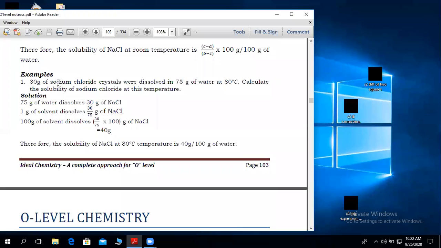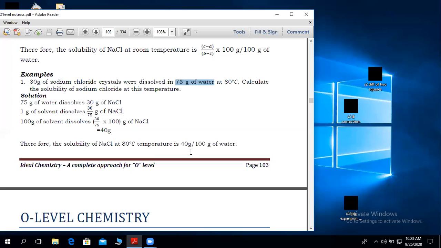In the calculation, we are saying 30 grams of sodium chloride crystals were dissolved in 75 grams of water at 80 degrees centigrade. Let me tell you, the moment you know the mass of the solvent and the mass of the solute, you have finished. There is no other chemistry there.